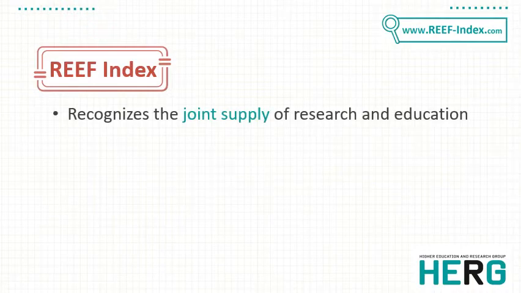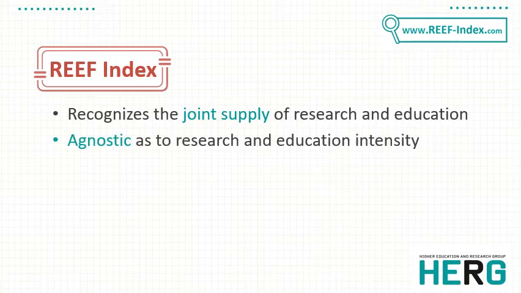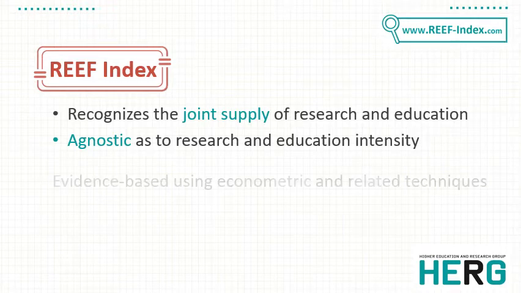The REEF Index recognises that research and education is a jointly supplied set of outputs within universities, and it is agnostic as to the mix of research and education an individual university might make.